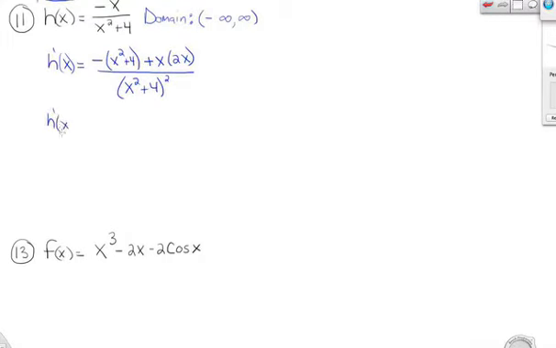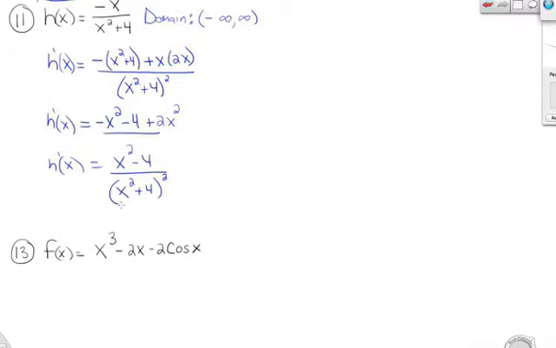So then let's clean it up before we analyze. Distribute the negative. And it looks like we get x squared minus 4 on top and x squared plus 4 squared on the bottom.